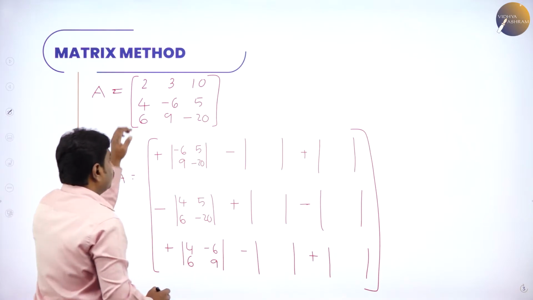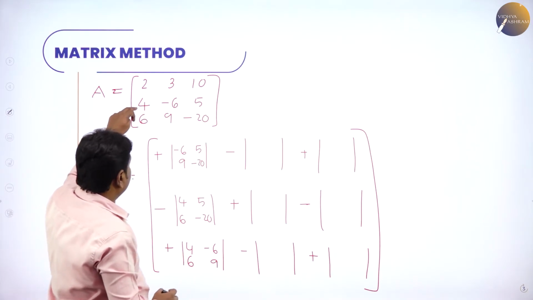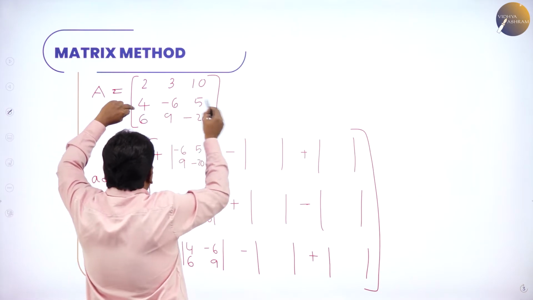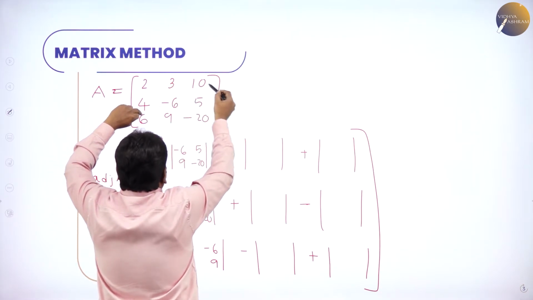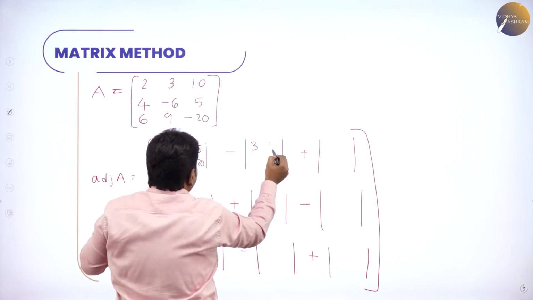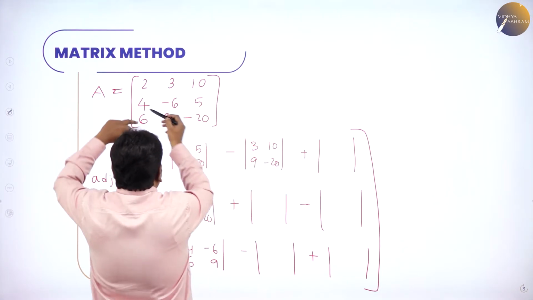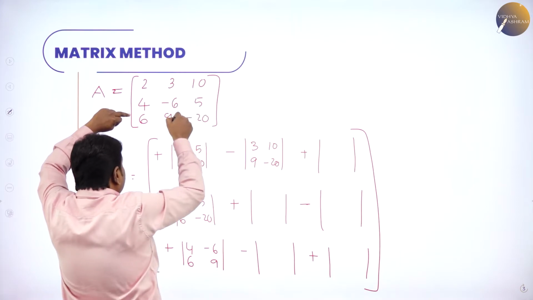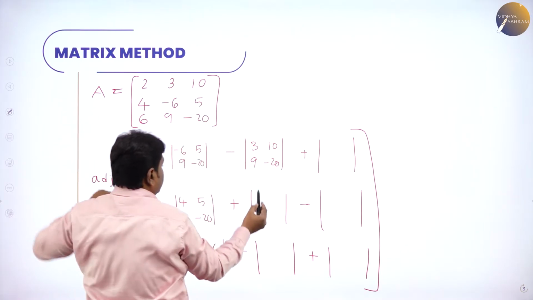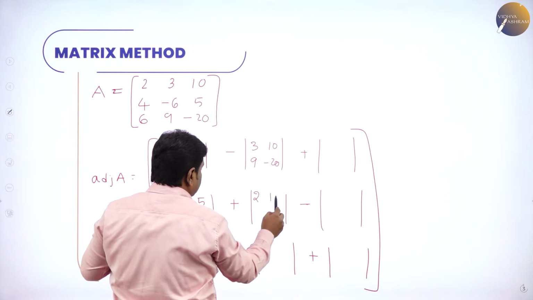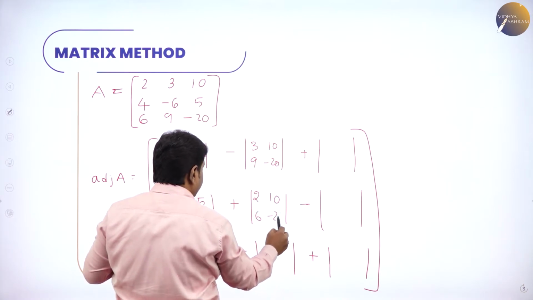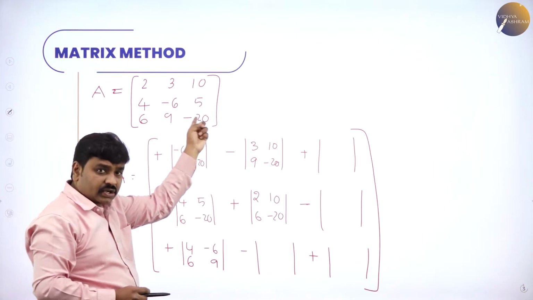Now we have done for the first row. Now we go to the A21. A21 means leave the second row and leave the first column, you'll get 3, 10, 9, minus 20. Then A22 means second row you leave and second column you leave, you will get 2, 10, 6, minus 20. So I am doing for second row second element.